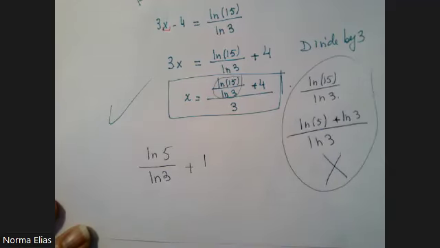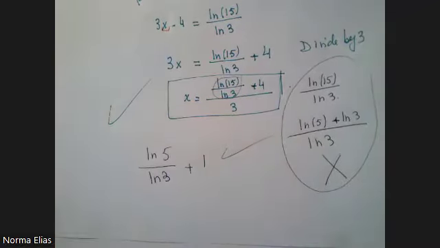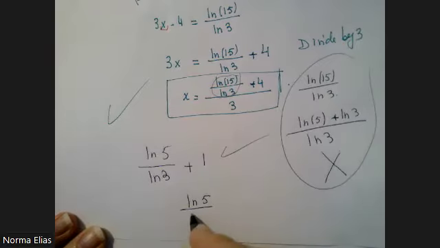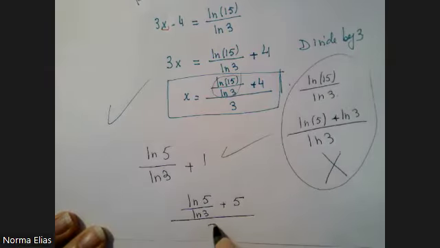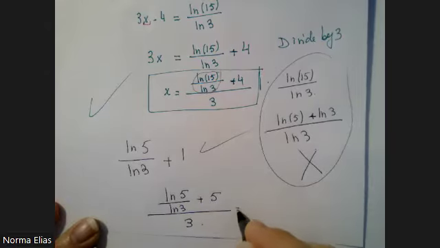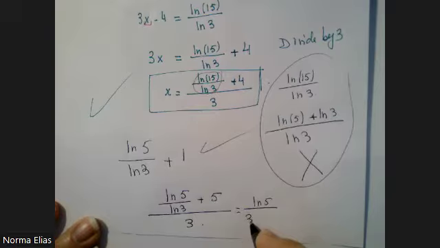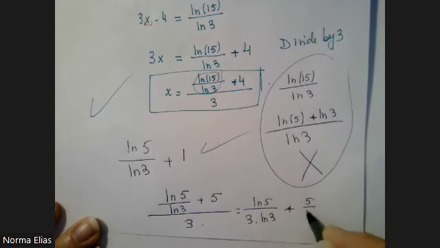Absolutely correct. And then that would be plus 5 over 3. So you're going to end up with ln of 5 divided by ln of 3 plus 5 divided by 3. The best you can do is split it like that: ln of 5 divided by ln of 3, plus 5/3.